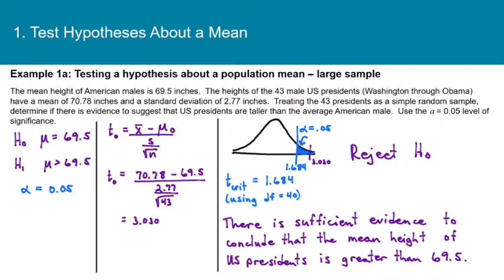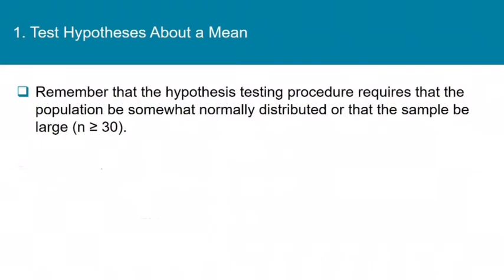Now we're going to go through this procedure a couple more times, and then I will show you the p-value approach. Now our next example deals with a small sample. Remember, the hypothesis testing procedure requires that the population be somewhat normally distributed, or that the sample be at least 30.